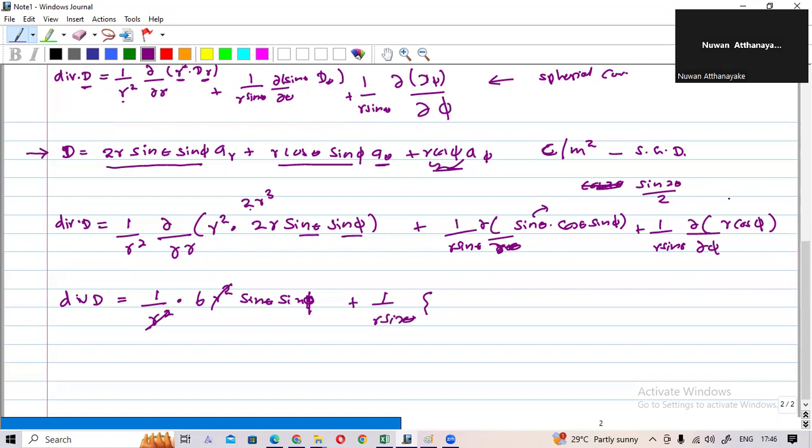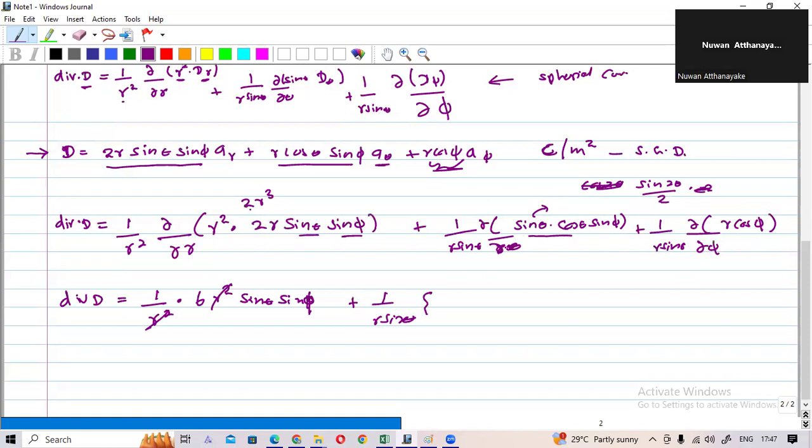So 2 sine theta cos theta is equal to sine 2 theta, so sine theta cos theta is equal to sine 2 theta divided by 2. If you differentiate this, it will be cos 2 theta.